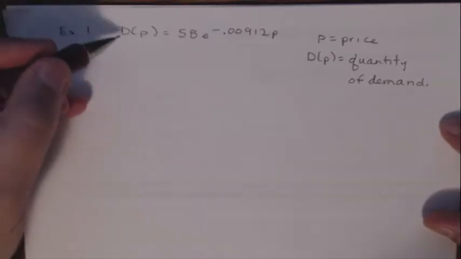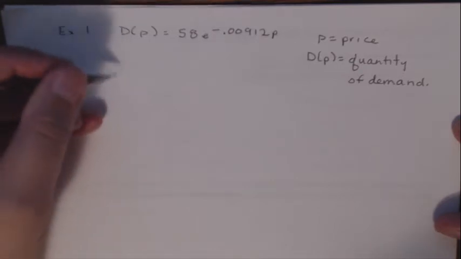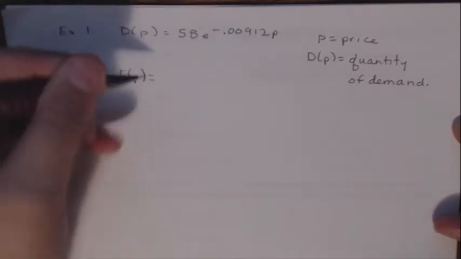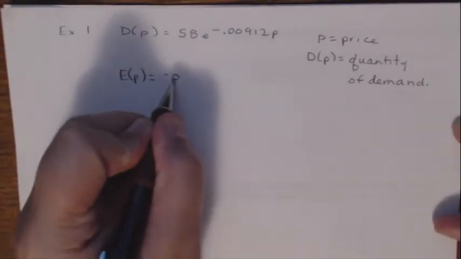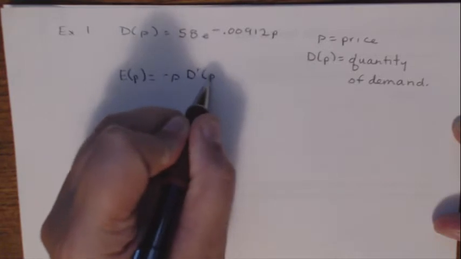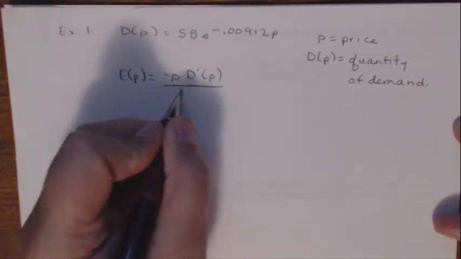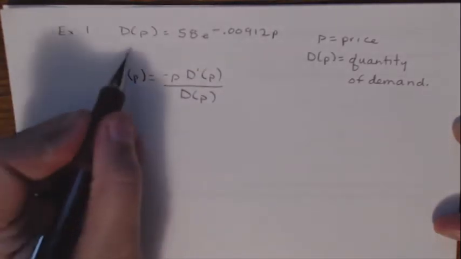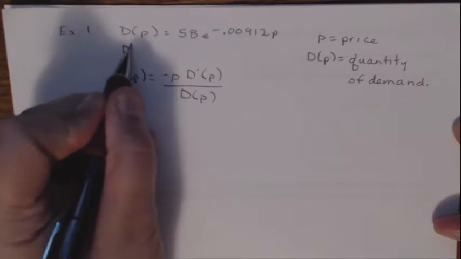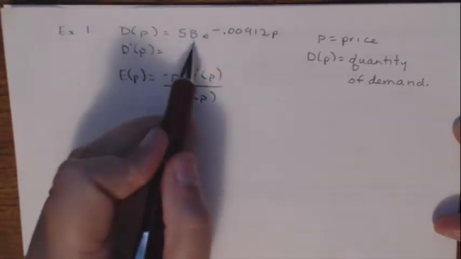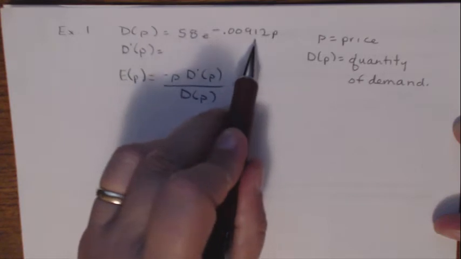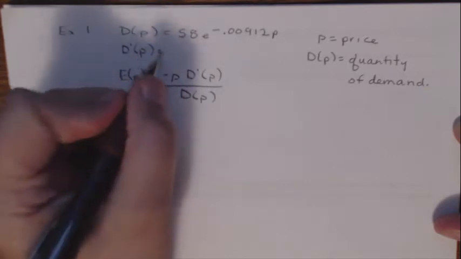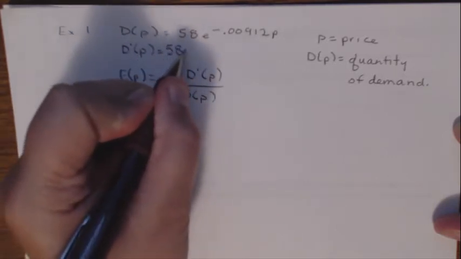Okay, so here is our quantity of demand function, and we are going to write the elasticity function, which is -P times the derivative of the demand function over the demand function. So we need to find the derivative of this function. It's 58 times e to the -0.00912 p, and 58 is a constant because it doesn't have a variable after it, so you can bring that 58 down.